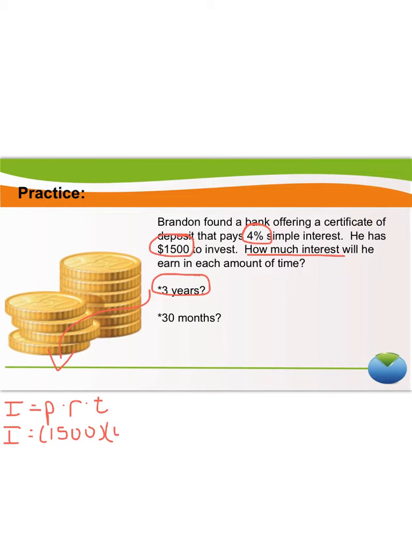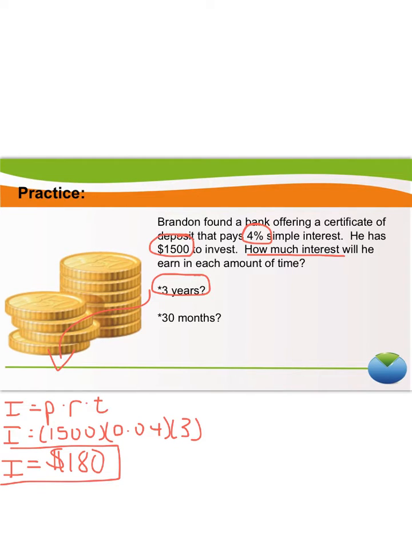So if you remember, that's 0.04, and the time in years is 3. So you'll just pick up your calculator and you will type in 1,500 times 0.04 times 3 and hit enter, and the interest he will earn is $180.